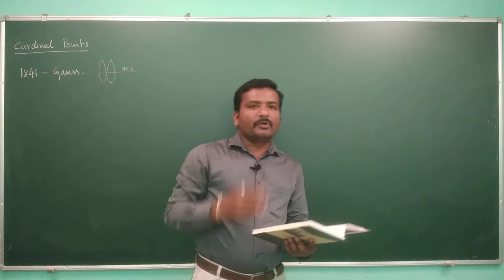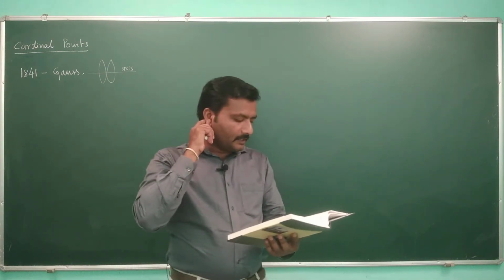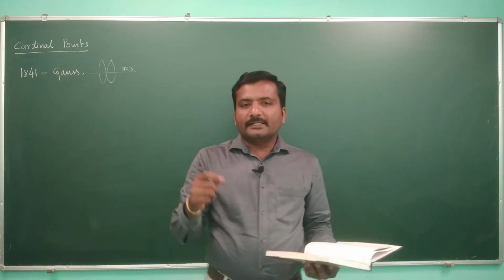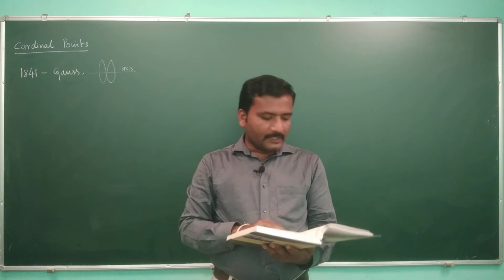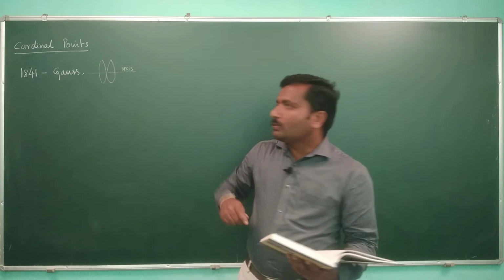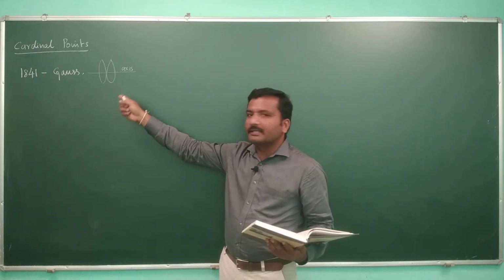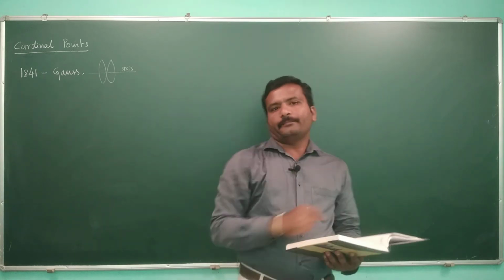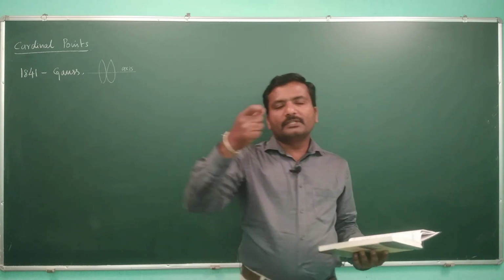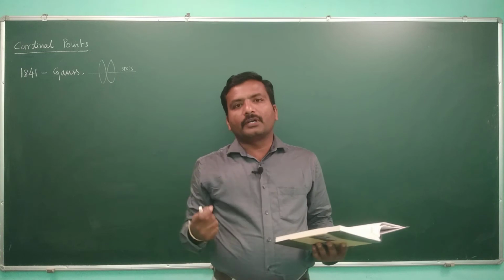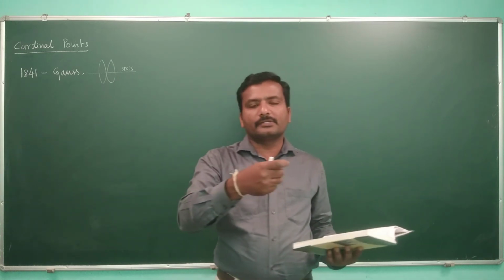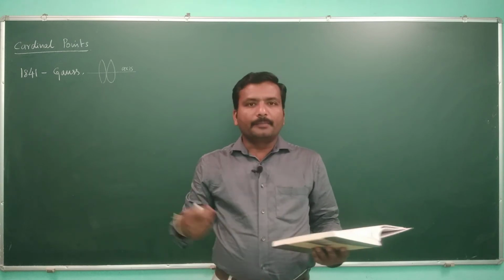Any number of such lenses you are given, it doesn't matter, it can be considered as an equivalent single lens system. That is the concept given by Gauss in 1841. Once you apply an equivalent single lens, then you can apply Gauss law, and you can end up with a single equation for focal length. So there is a separate equation for lens and a separate equation for prism and all. Fine.